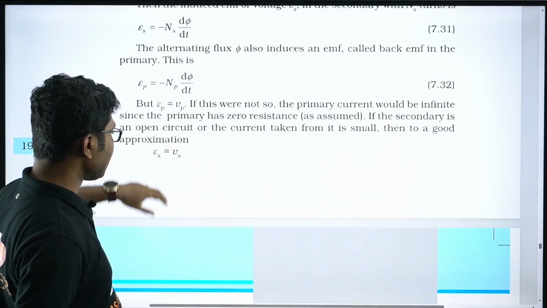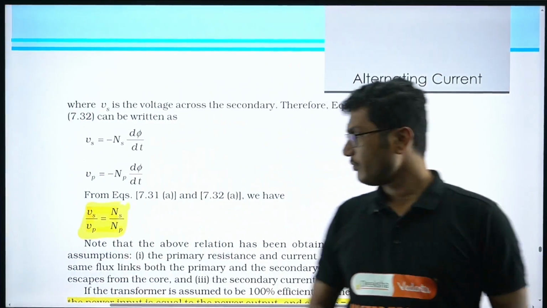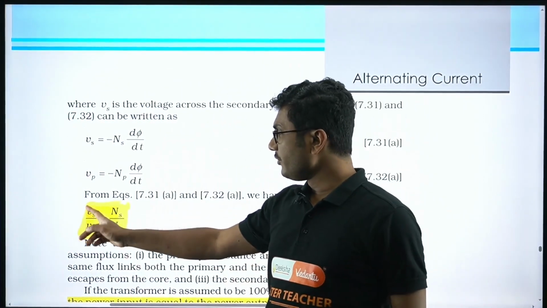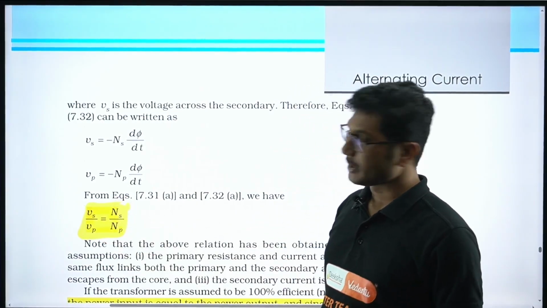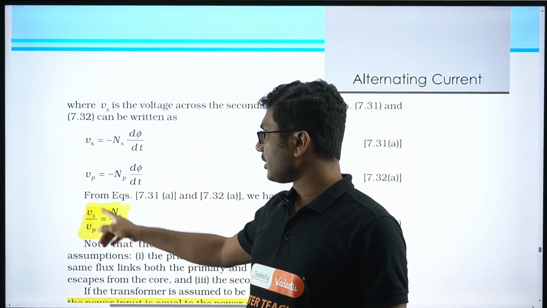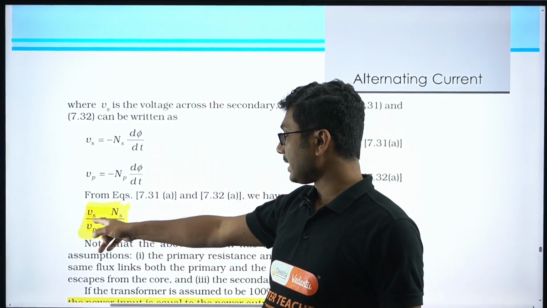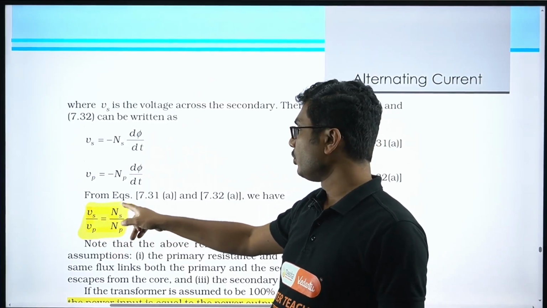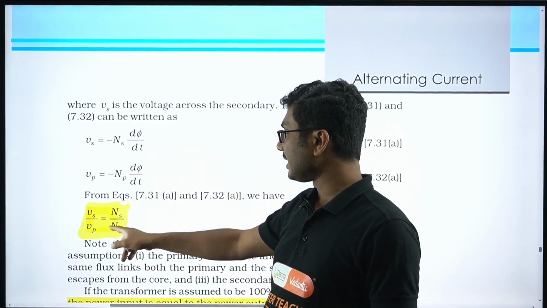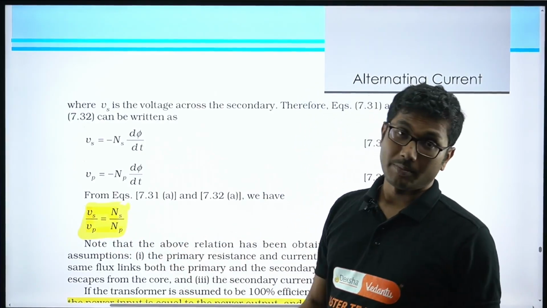Now there are some relationships you have to remember. The first relationship is Vs by Vp is equal to Ns by Np. Direct relation: the voltage in the secondary divided by the voltage in the primary equals the number of turns in the secondary divided by the number of turns in the primary.